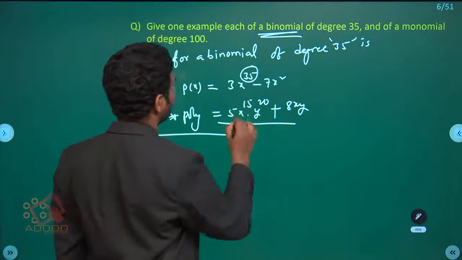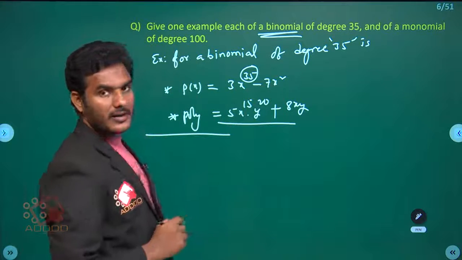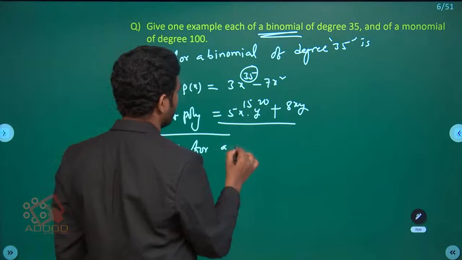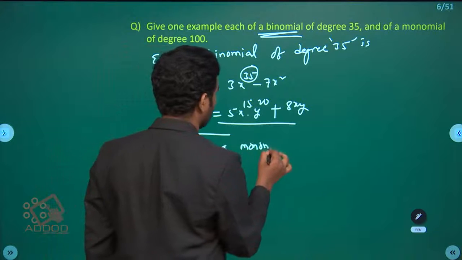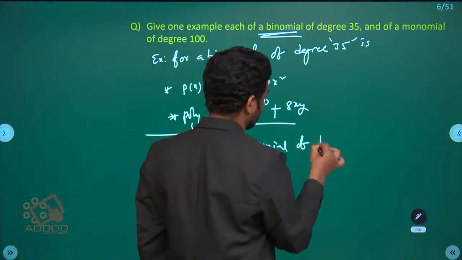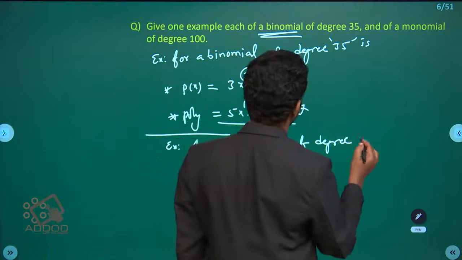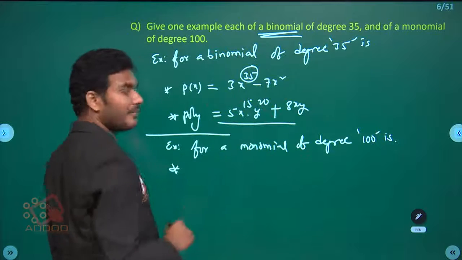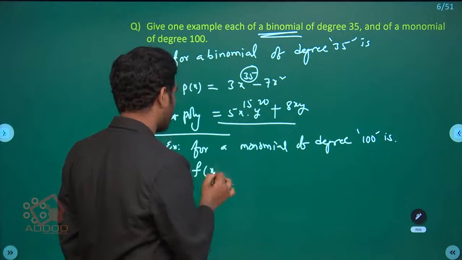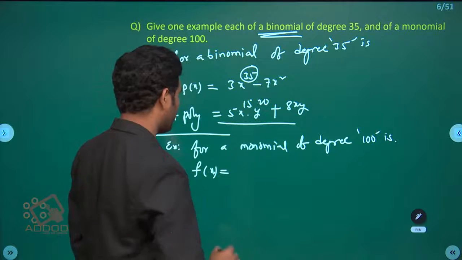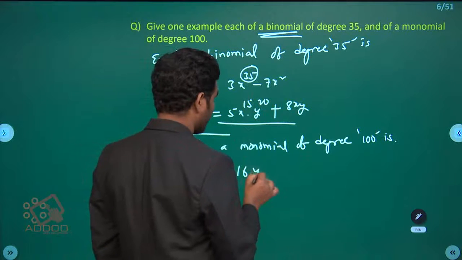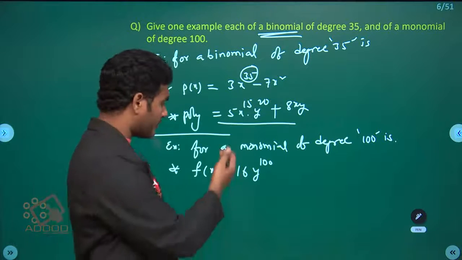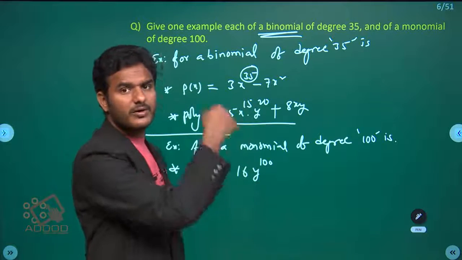Now the degree of the polynomial is 100. Example for a monomial of degree 100: you can write a polynomial, for example, f of x is a polynomial, 16 y power 100, or root 2, root 3, or 1 by 3 into y power 100, or 1 by 3 into x power 100.